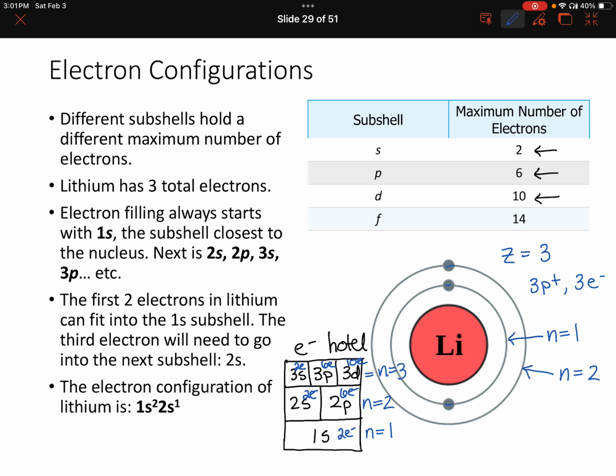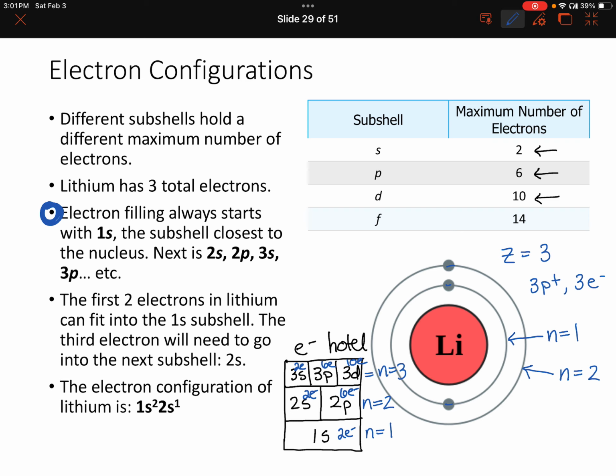So the first 2 electrons are going to live on the first floor in room 1s. And then the third electron has to go into 2s first before we can put any electrons in 2p. So that's shown by this bullet point here.